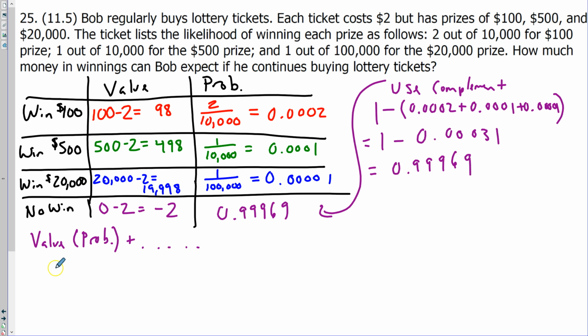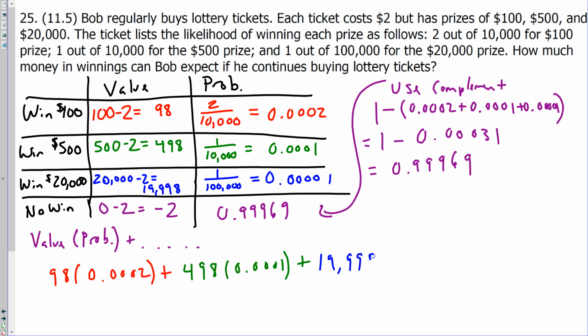So the first value was the $98. The likelihood that he won, the probability, was 0.0002. Then we're going to add that with the next event, which was the $500 win. He'd actually be getting $498 back. The probability was 0.0001. And then the big prize, he'd actually be winning $19,998.